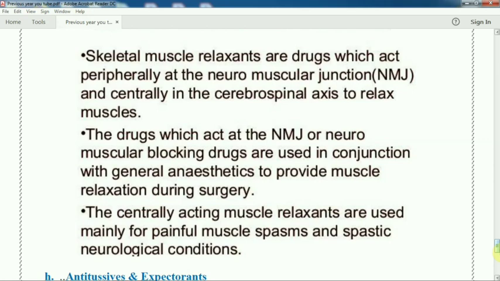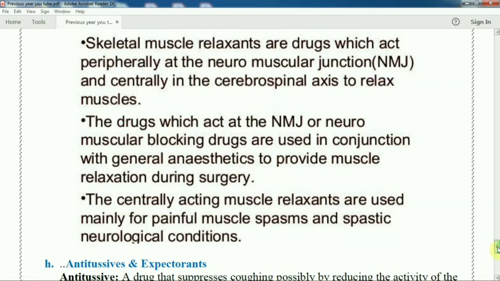The neuromuscular blocking drugs are used in conjunction with general anesthetics to provide muscle relaxation during surgery. The centrally acting muscle relaxants are used mainly for painful muscle spasm and spastic neurological conditions. So it helps mainly in surgery, to relax the skeletal muscle.